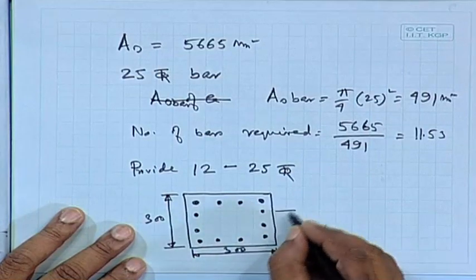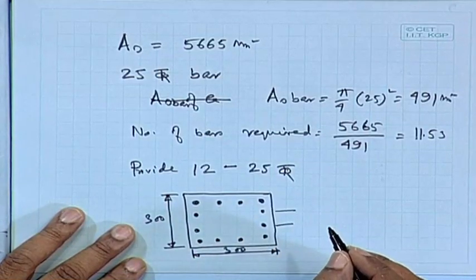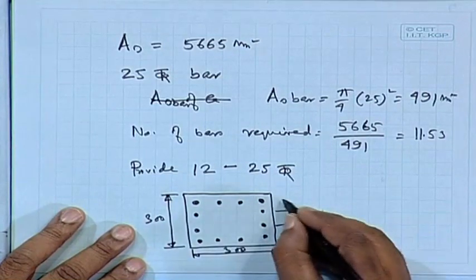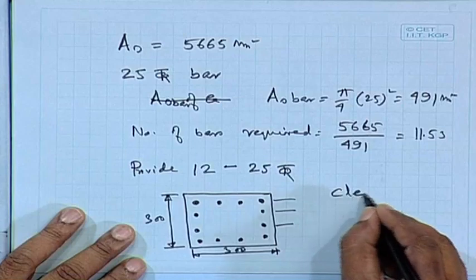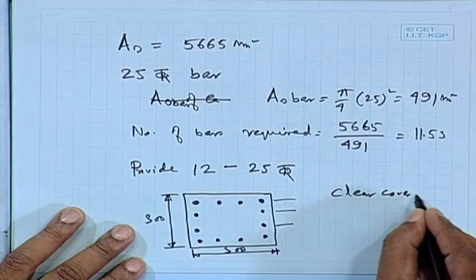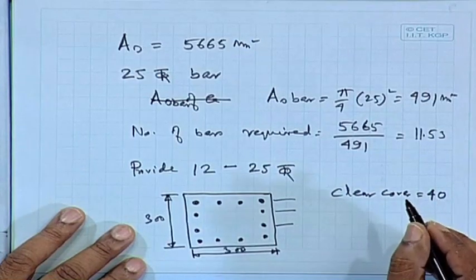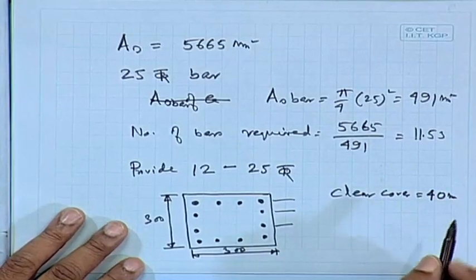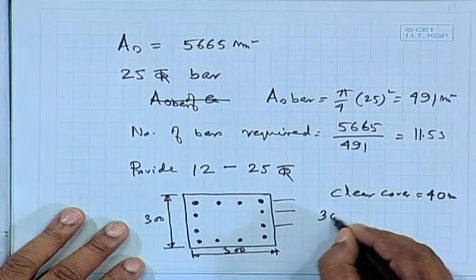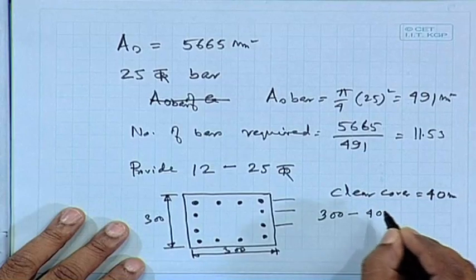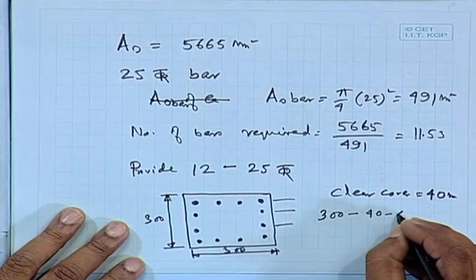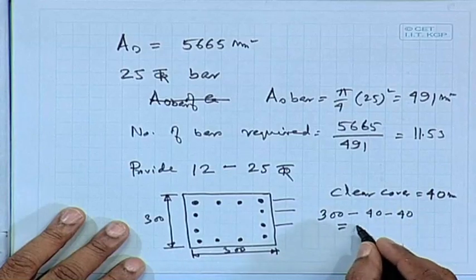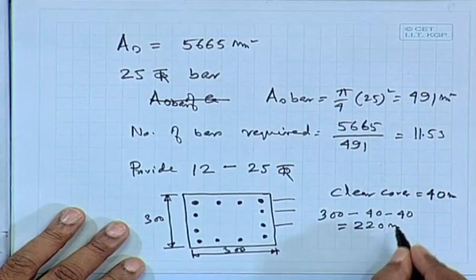So, what is the spacing we are getting here? The clear cover for columns is 40 millimeter. So, from both sides 300 minus 40 comes as 220 millimeter.